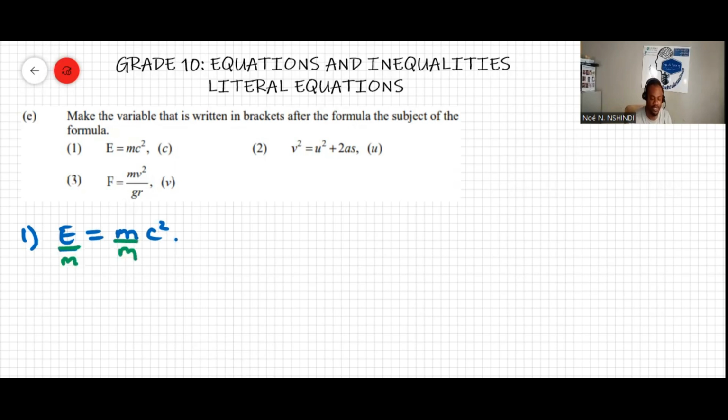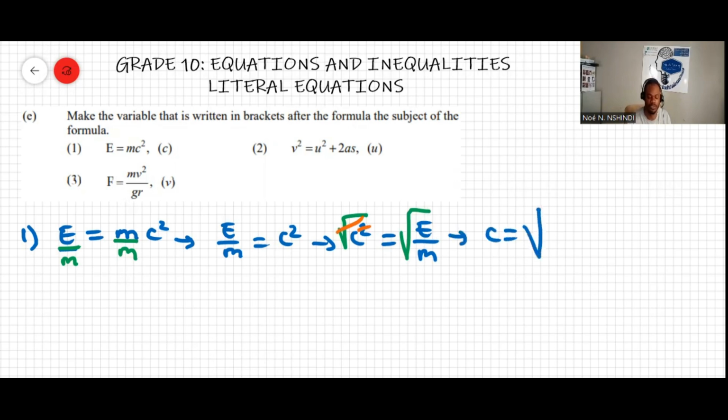And then that would be E over M equals C squared, or C squared equals E over M. Now to get the value of C, we square root because the square root will cancel the power of 2, and then this will make C equal to square root of E over M.